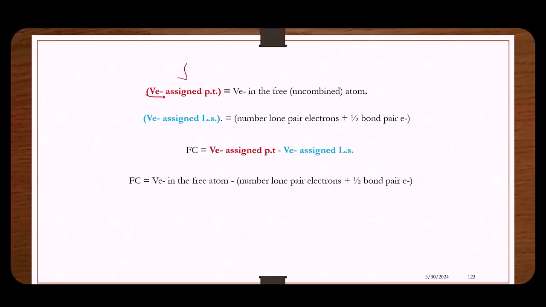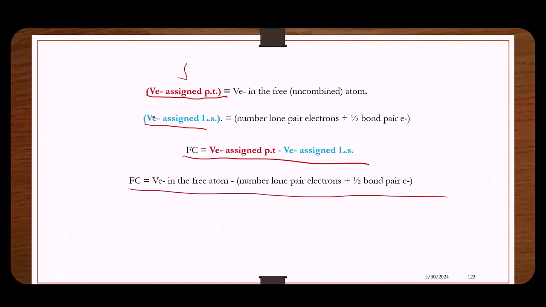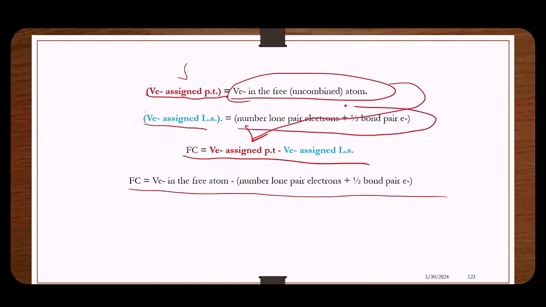We use these abbreviations to describe what each valence electron was, and if we plug those into the formula right here, we can get this final formula, which would describe how to get the formal charge. So we take this description and simply plug it into this part of the formula, and we take this description and plug it into this part of the formula, and we arrive at a formula that looks like this, which just describes the formula in more detail.